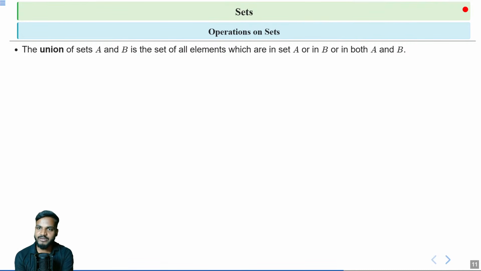Generally we combine both sets A and B by removing duplicates, so the elements that are common are written only once.